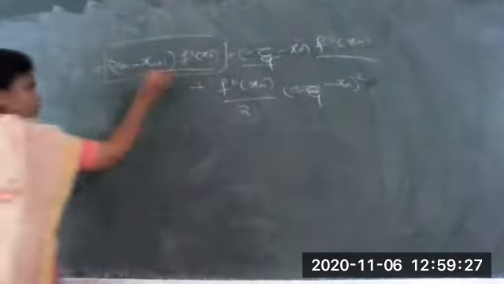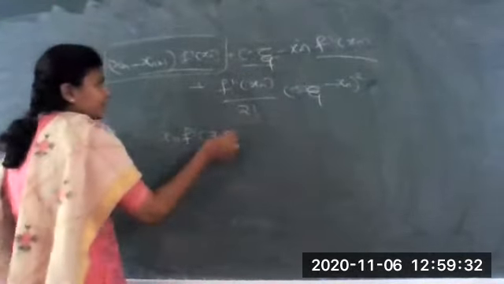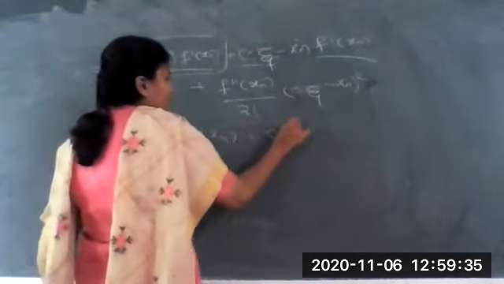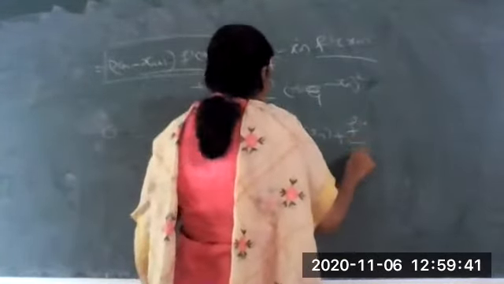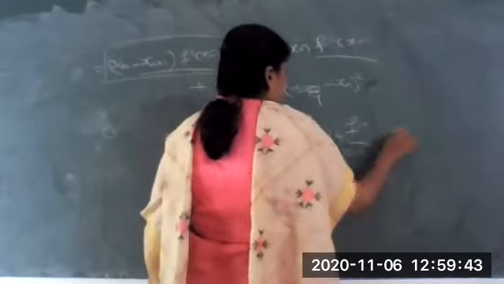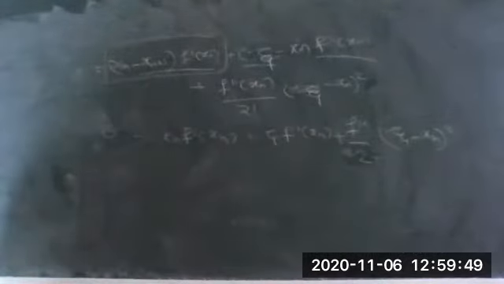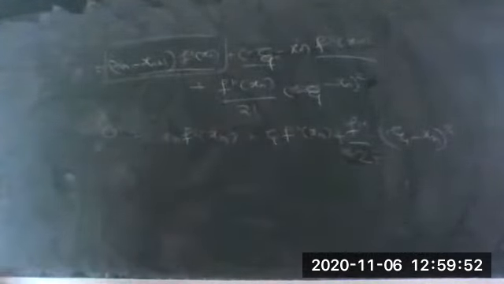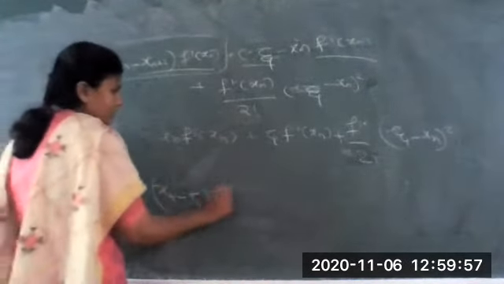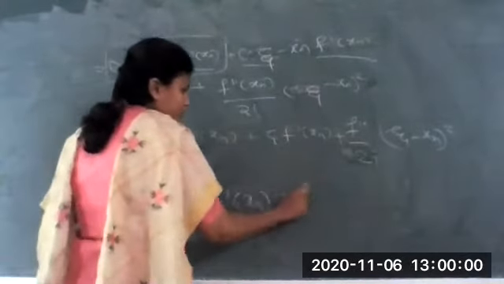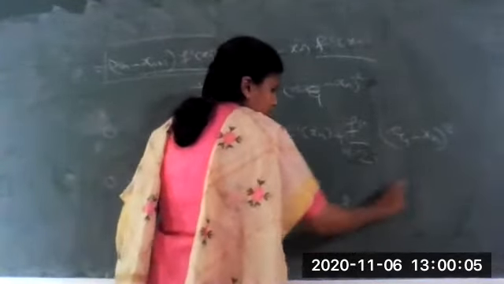So this term will get cancelled. What remains is xn into f dash of xn, plus zeta into f dash of xn, plus this term, f double dash of xn divided by 2 factorial into (zeta minus xn) square. Let us take the common terms: xn minus zeta, and here we have f dash of xn plus f double dash of xn divided by 2 factorial (zeta minus xn) square.